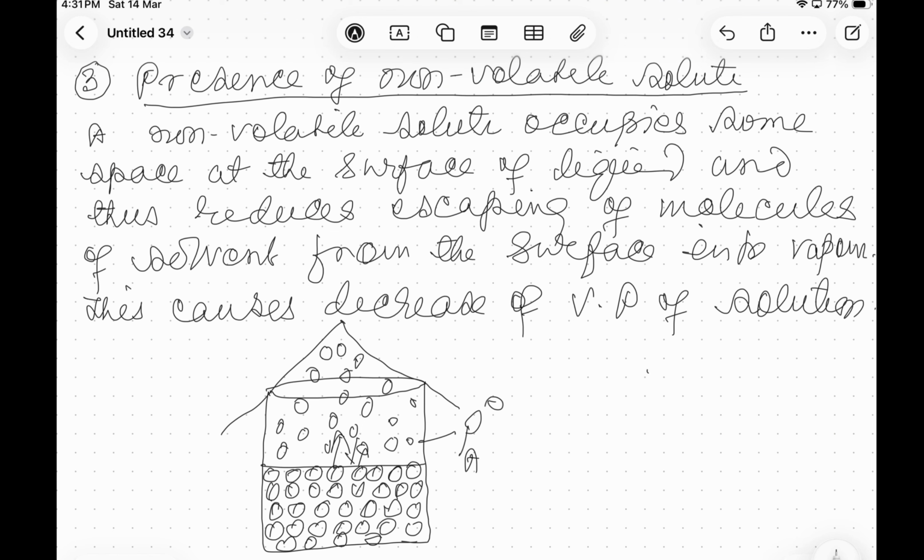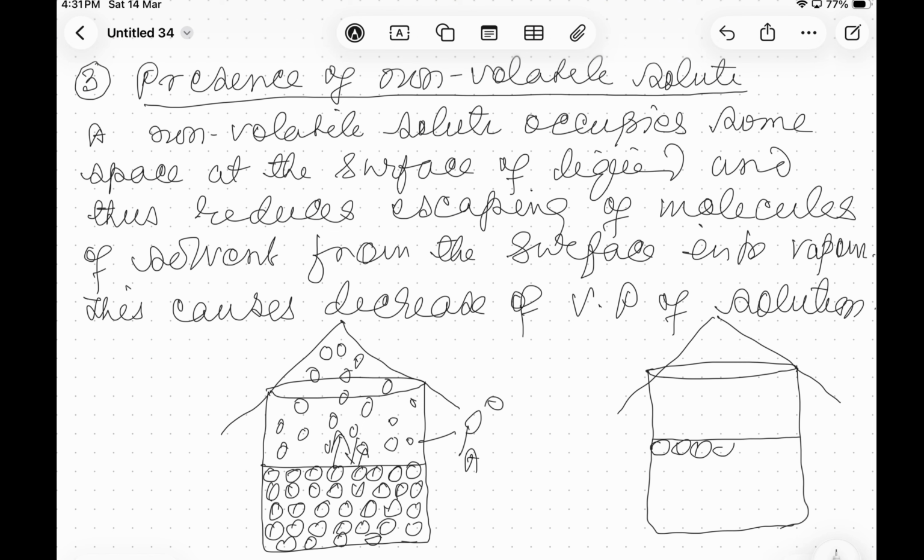Now take another example, a sample of water in which a small amount of sugar is also present. Sugar molecules are not volatile. They do not escape from the surface, and at the same time occupy some space at the surface.